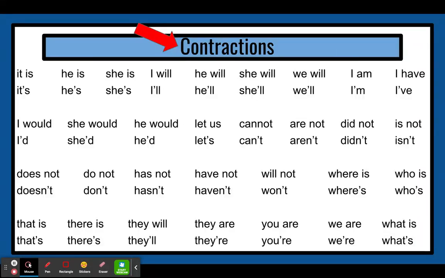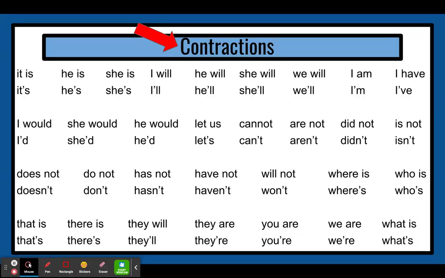So let's go ahead and read just the contraction row. It's, he's, she's, I'll, he'll, she'll, we'll, I'm, I've. Let's use some of these words in a sentence so you can see what I mean.